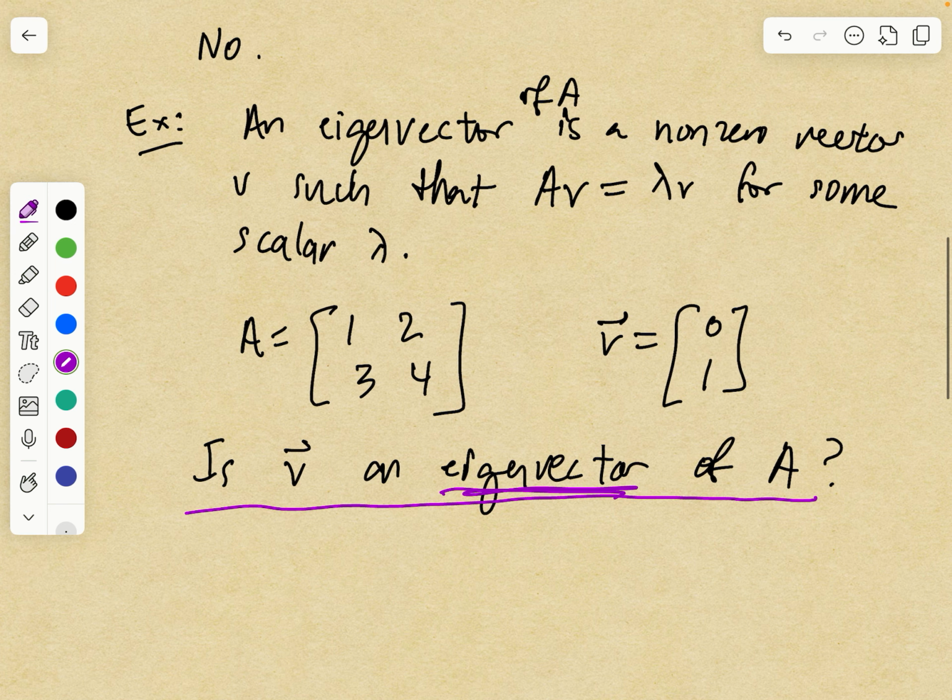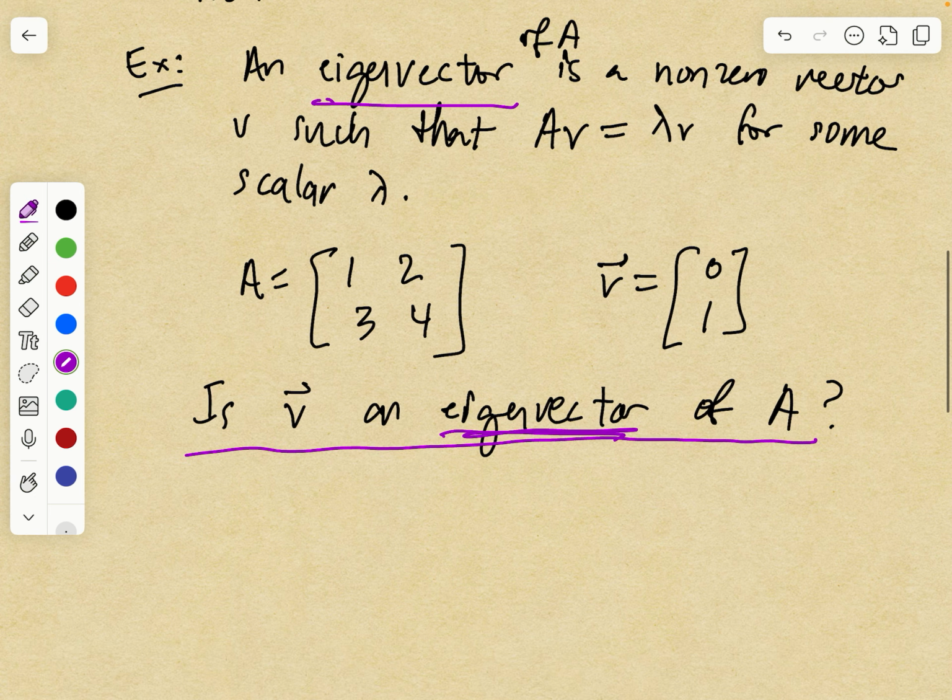And when you read the definition of eigenvector, it says it's a non-zero vector v such that A times v is lambda v for some scalar lambda. That's what makes something an eigenvector. So if you have this matrix A and you have some vector v and you're asked, is v an eigenvector, what is the question saying in plain English? In plain English, it's saying, is A times v equal to lambda v for some scalar lambda? That's a way to phrase the question without using the word eigenvector.